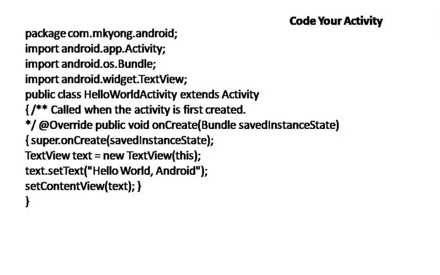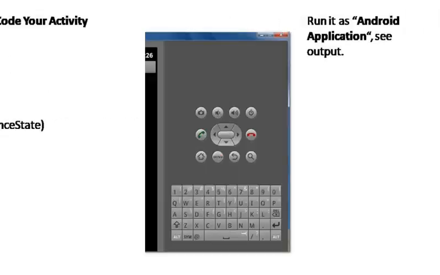We create the instance of the text view and use the setText method for setting the text. After that you set the content view as the text view. So these are the three things we have to do as far as the coding is concerned. The coding is done in the Java file which is present in the src folder.